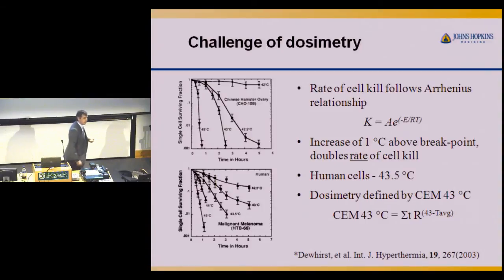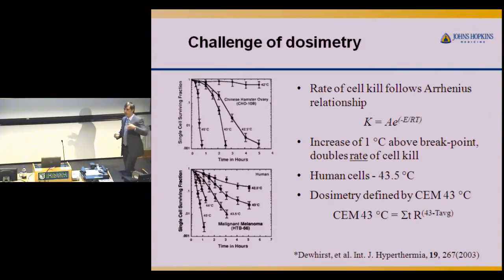And then finally, there is the question of dosimetry, and for many in the audience, this is something that is well known. I certainly know Jack Hoops knows this very well. So the idea is this. For human cells, the cytotoxic response to heat is dependent on time and temperature.